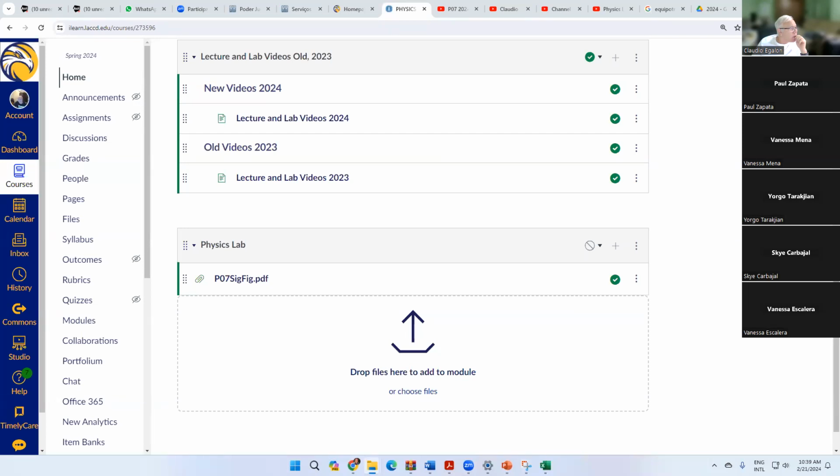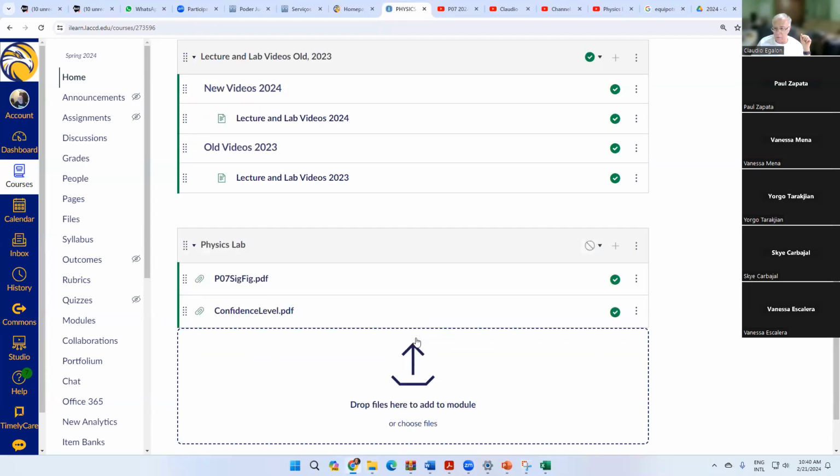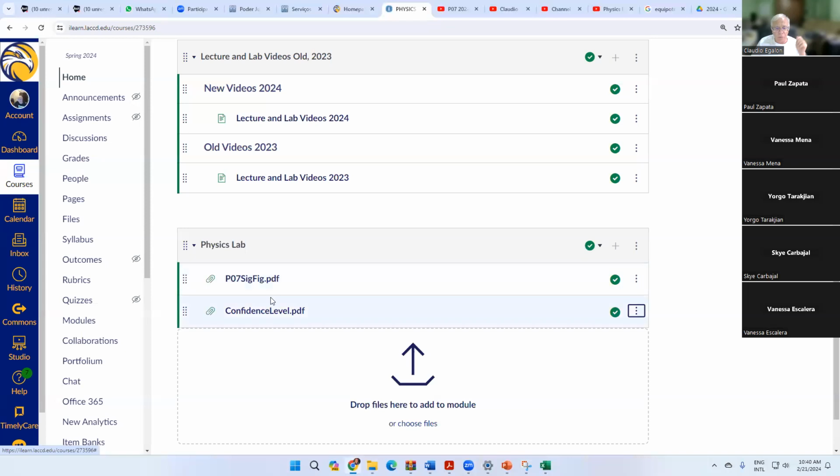Let's go to the fall. Might be here. Confidence level. Oh, here you go. That's the one. Those are the 2 documents that we're gonna use throughout the whole semester. And I have to publish, right? Good. Go ahead, download those two documents.